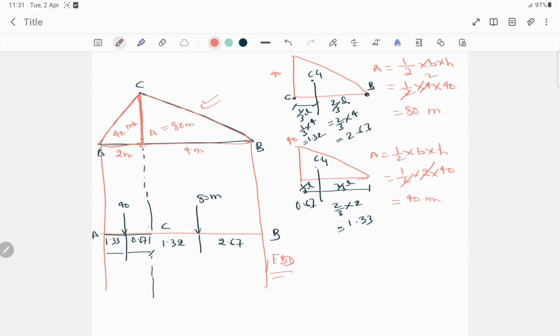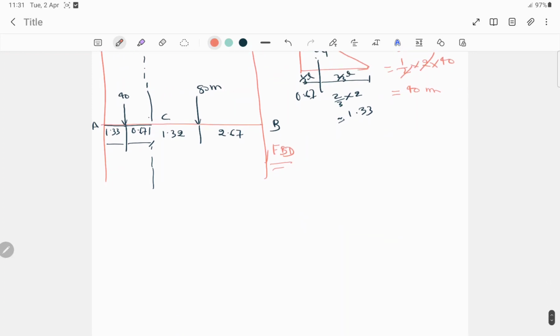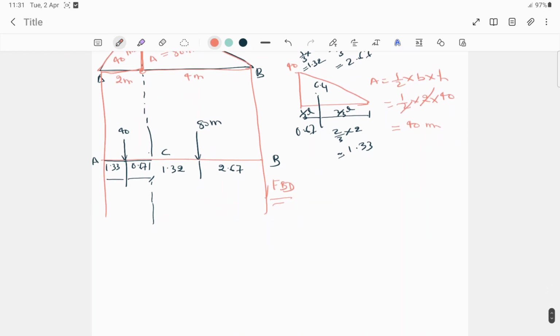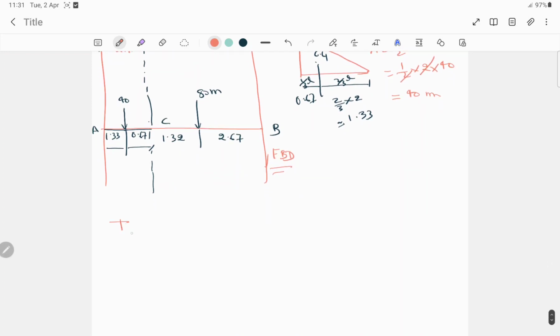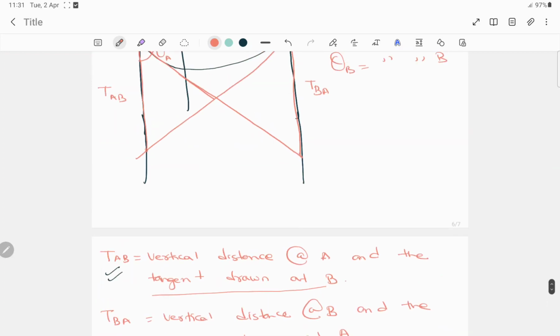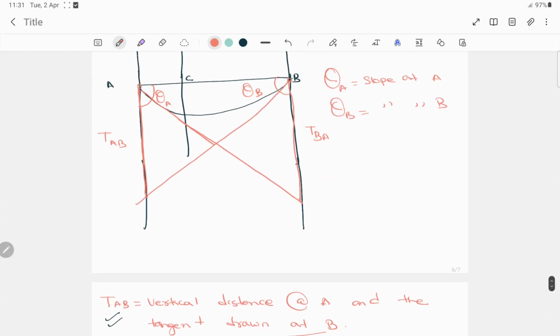Now we have all the values with us. Now we can easily find the TAB value. TAB is nothing but the vertical distance at A and the tangent drawn at B. This is the distance, and we have to find the value for this.